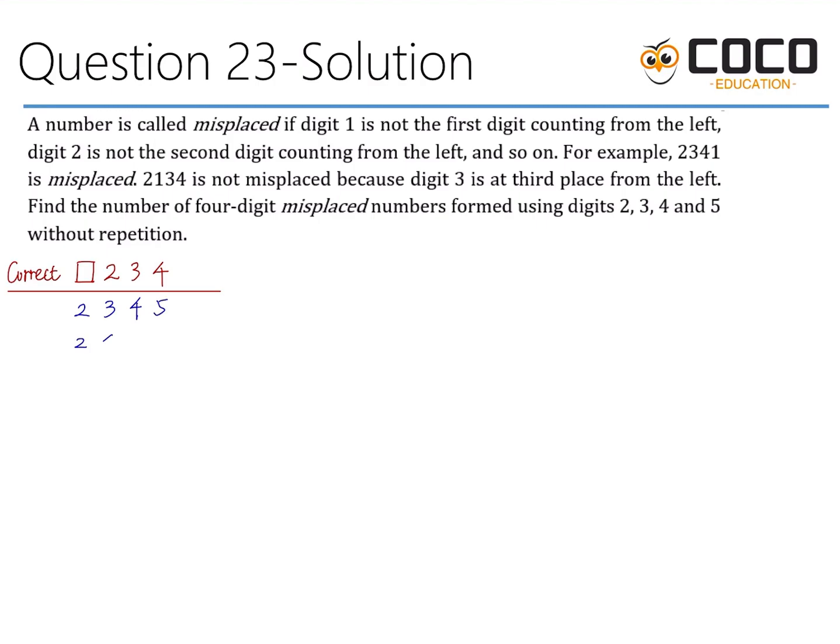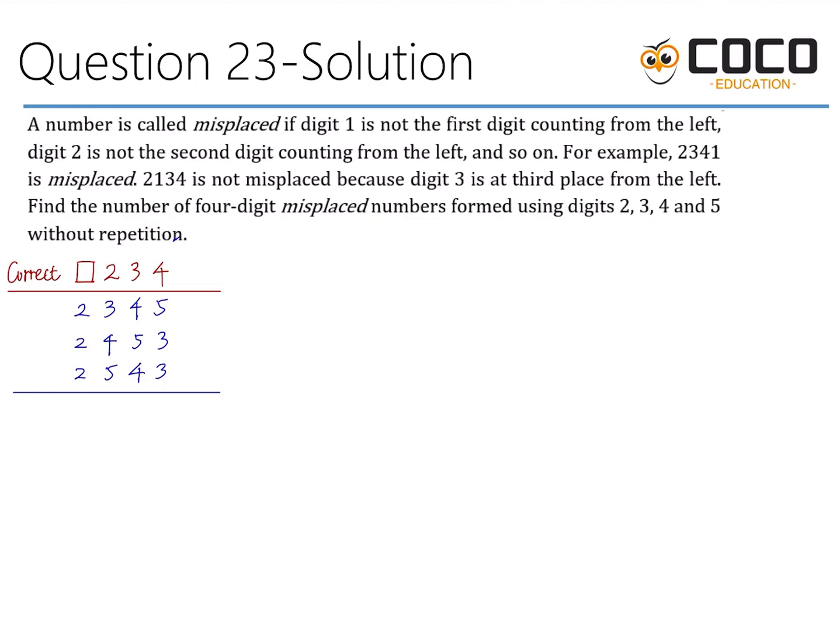Or we can try 2, 4. Third position can't be 3. So it's 2, 4, 5, 3. Or we can try 2, 5. So we are left with 3 and 4. It can't be 3, 4. So 2, 5, 4, 3. These are 3 ways when you start with 2.